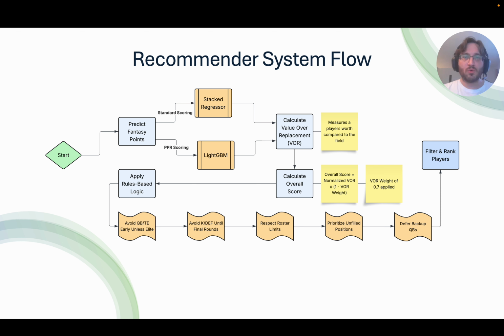We then begin to apply our rules-based logic to help simulate an experienced drafter and incorporate strategy into our recommender system. So we avoid early quarterback and tight end picks unless they are elite. That's based on the top 5% predicted points at their position. We delay kicker and defense until the final 2 to 3 rounds.